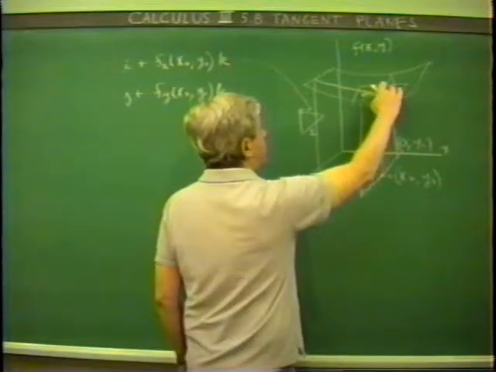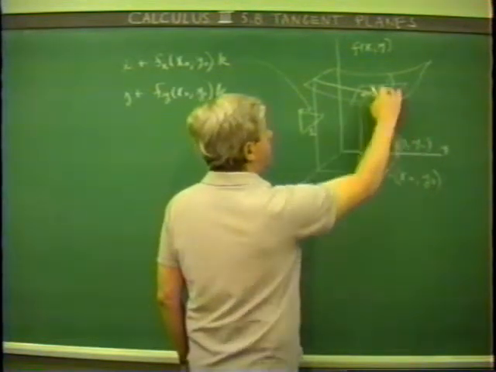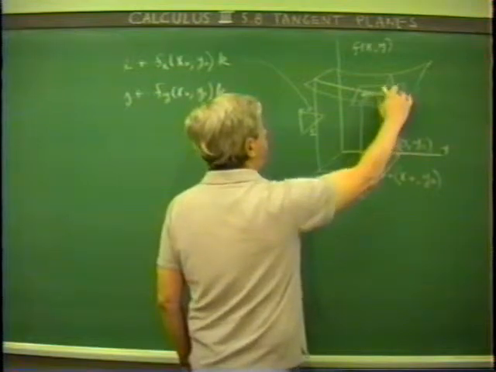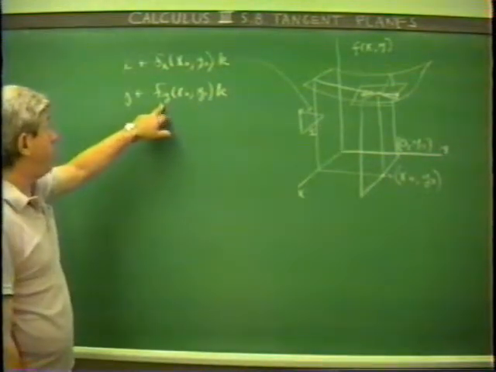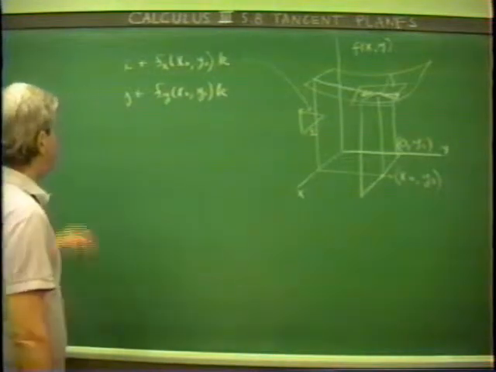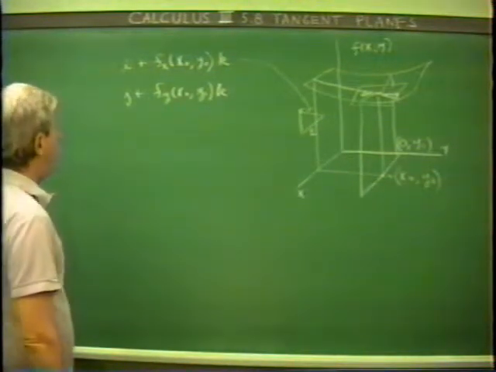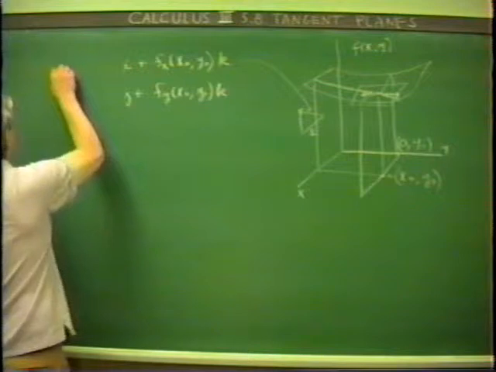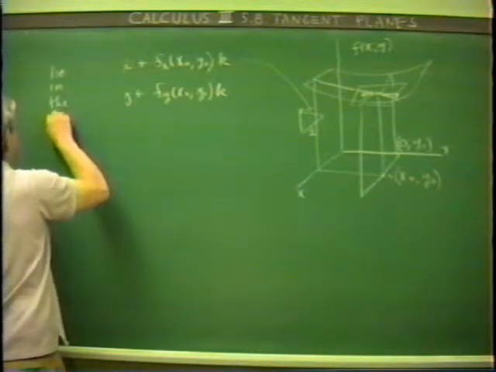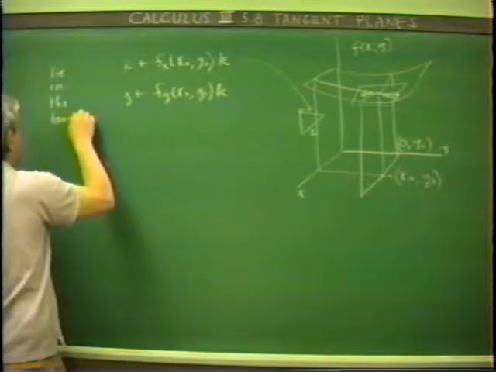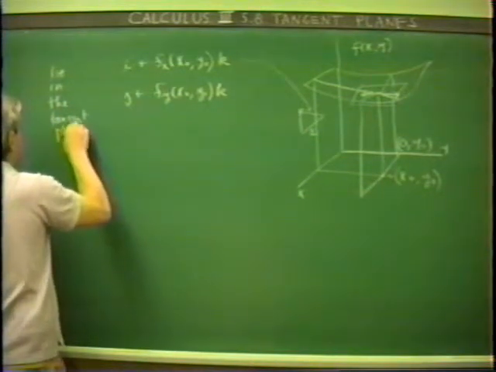That's to say, if we proceed 1 unit over in the j direction here, the vector should go up or down according to what the partial with respect to y at x naught, y naught is. So these are two vectors that should lie in the tangent plane.